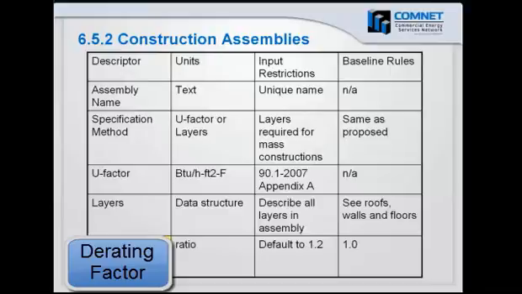So for this one, the default value we've used is 1.2. So this is a multiplier on the U factor. So if your U factor is 0.1 for a framed wall, you would multiply that by 1.2 to get the value that would actually be used. The baseline we've set for this is 1.0, which is no derating.